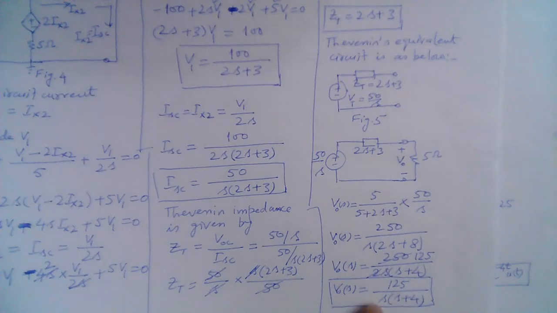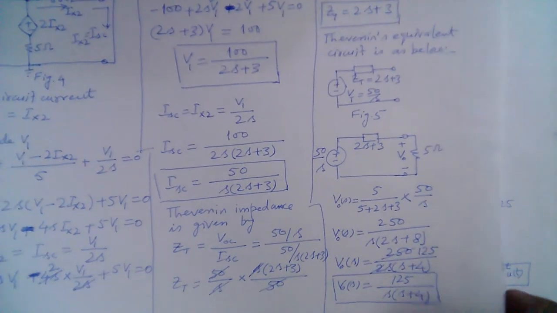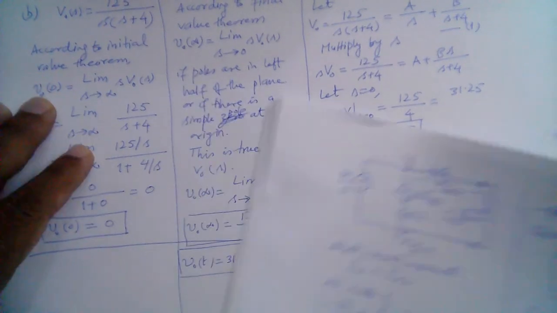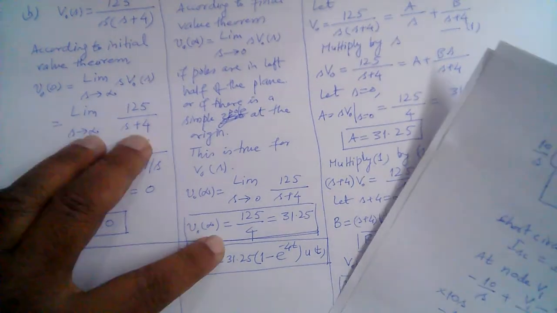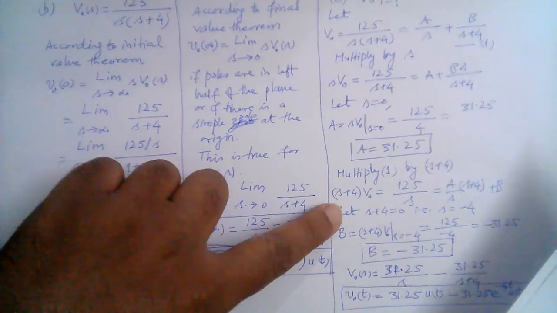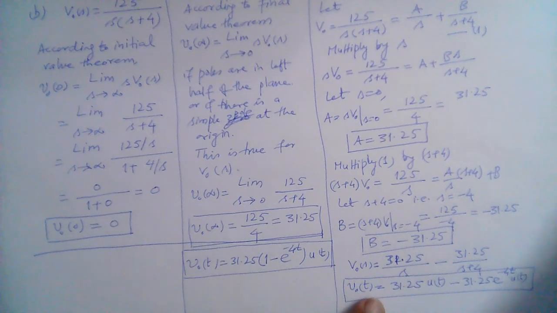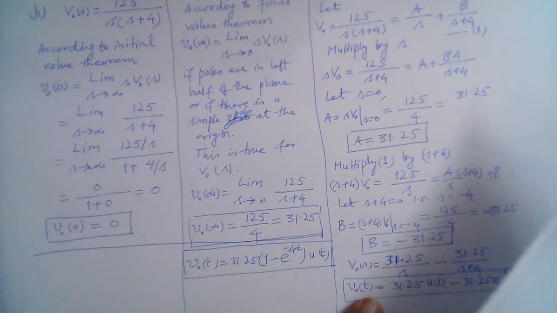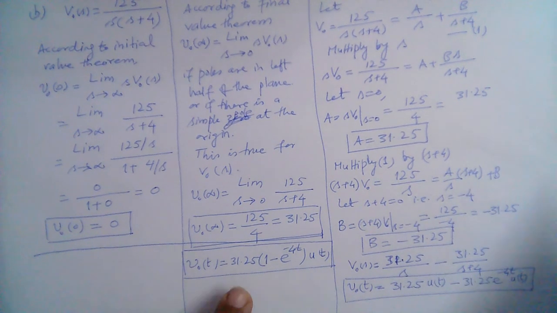And once we found v naught s, we applied the initial and final value theorems to determine the values at time t0 and at time t infinity. And finally, by taking the inverse Laplace transform, we found v naught t, the expression for v naught t, which is the voltage across the resistor.